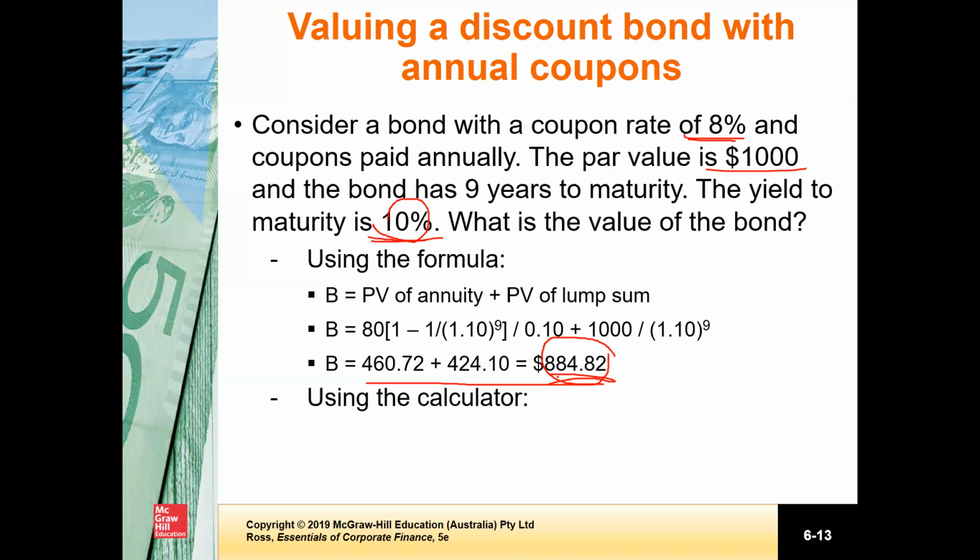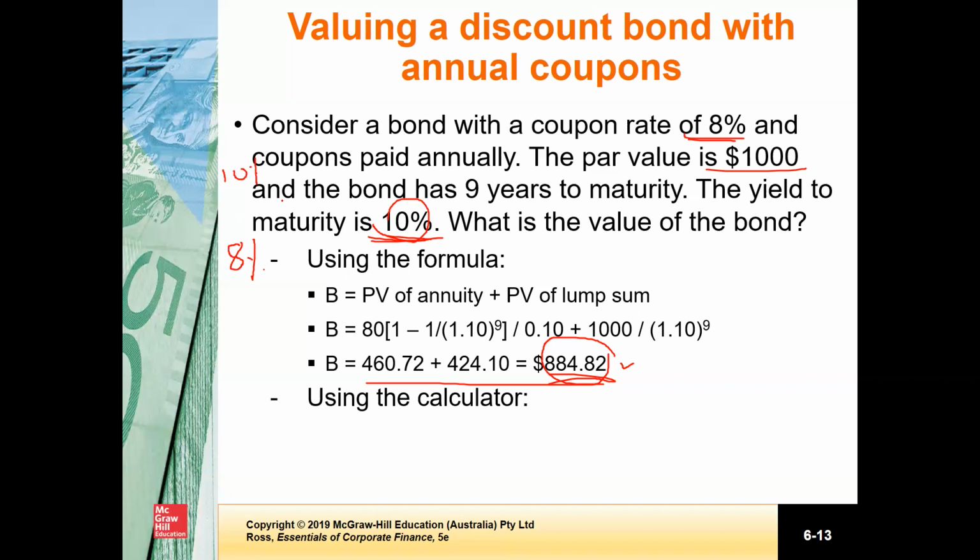Okay, so which means that if your yield to maturity is greater than the coupon rate, then the bond will be issued at a discount. Discount means less than the par value. On the other hand, if the yield to maturity is less, for example, say 8%, whereas the coupon rate is 10%, then the bond will be issued at a premium.